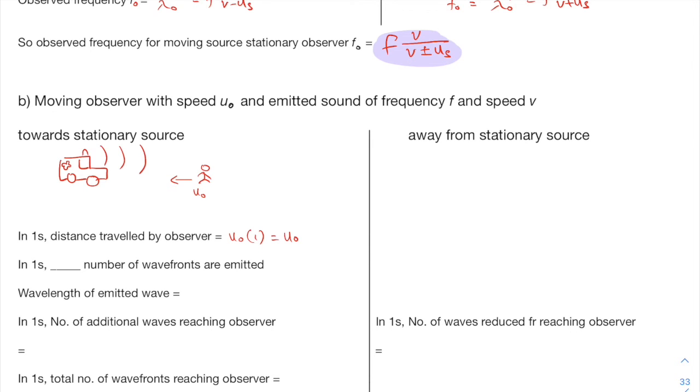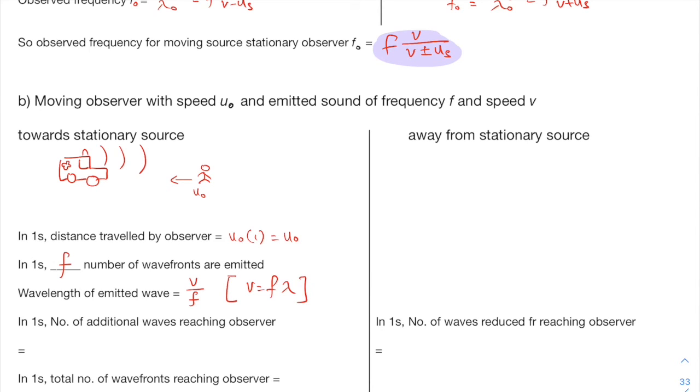And in 1 second, the number of wavefronts emitted by the ambulance is f. What is the wavelength of this emitted wave? It would be the speed of the wave, v, divided by f, as we recall from v equals f lambda. So lambda equals v over f.